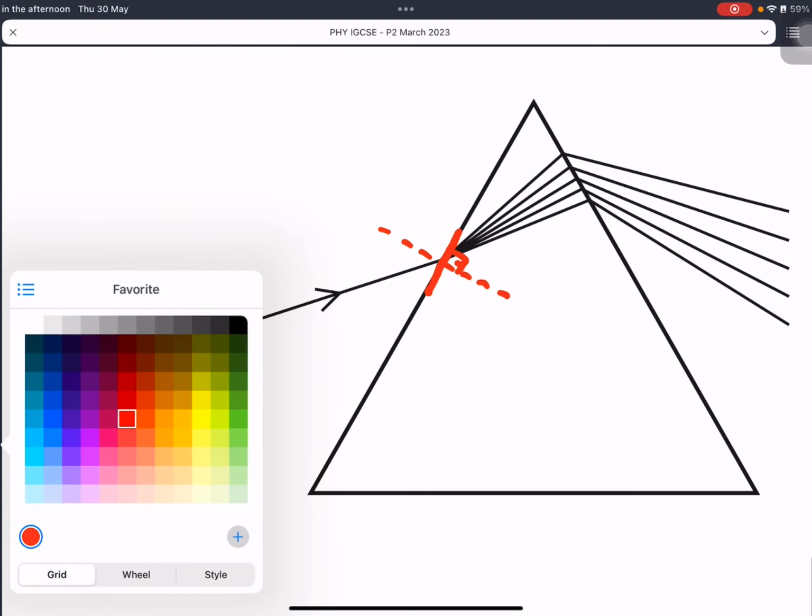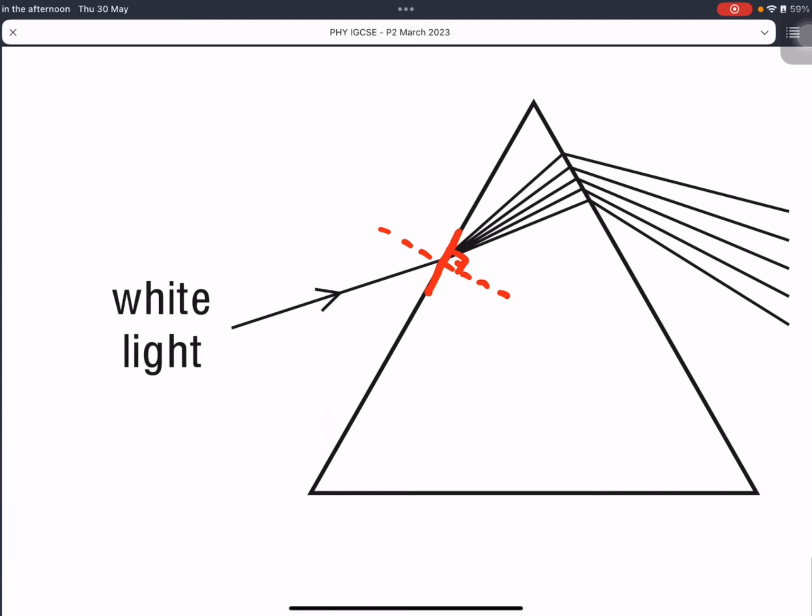White light, let's take a little white light. It's supposed to go this way, but due to the glass, it's going to bend. Is it towards the normal line or away from the normal line? It goes from air to glass, from loose to dense zone. It will slow down and it will bend towards the normal line, okay? Don't forget.